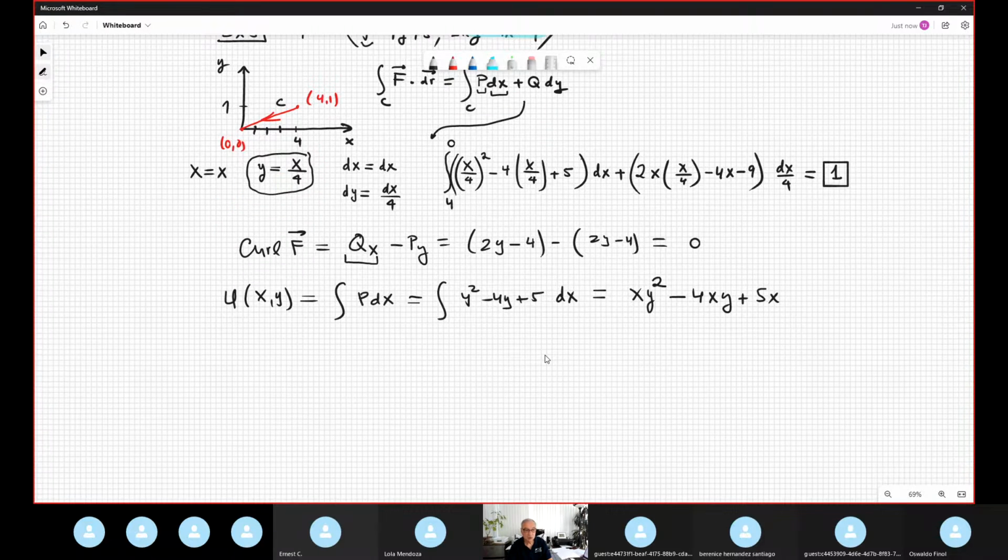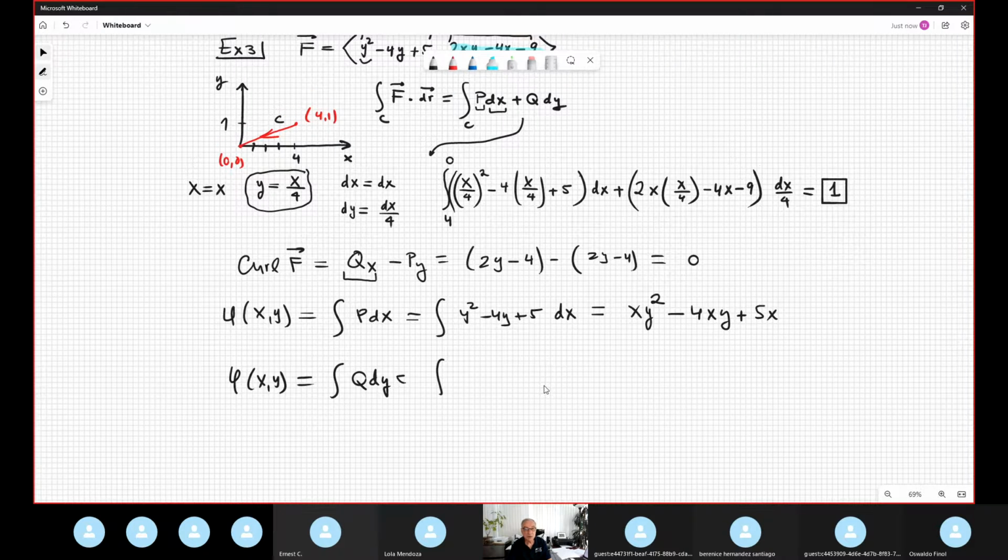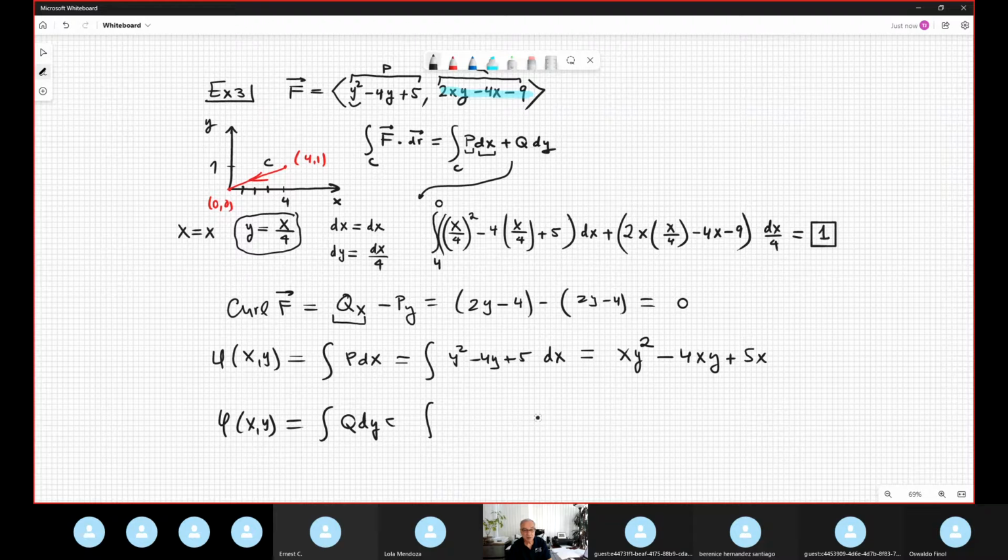To complete the picture, we do the antiderivative again for the q part, but with respect to y. What is q? Let me come back to the beginning: q is 2xy minus 4x minus 9, and you integrate now with respect to dy.